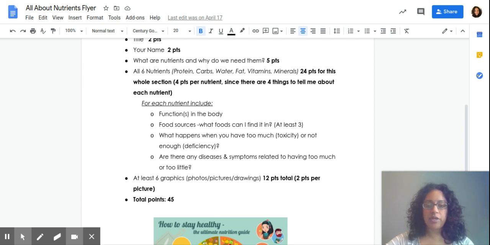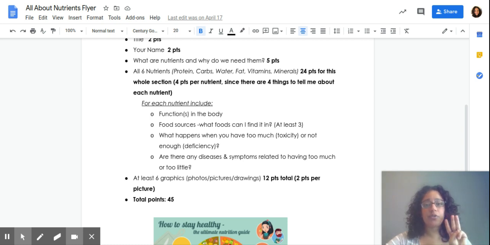So here's the information we would like for you to tell us about each of the nutrients. First, you're going to tell us how this nutrient functions in the human body. What we mean by that is, what does this nutrient do to help you be healthy and to help your body run? What's its purpose? The next thing is, what food sources can you find this nutrient in?